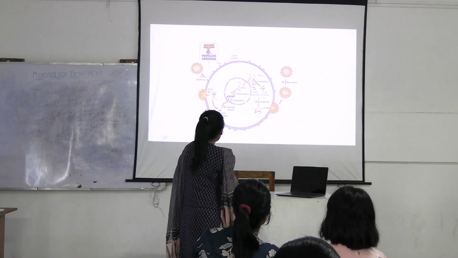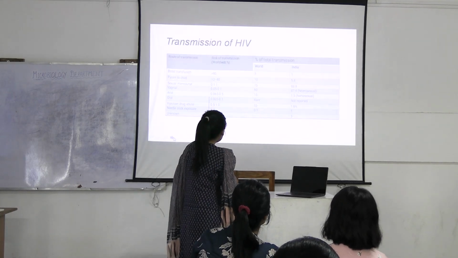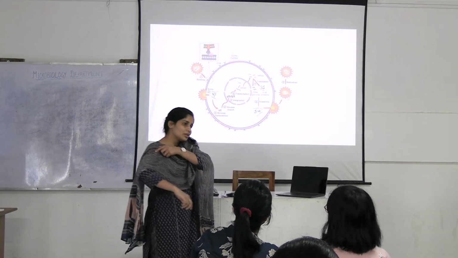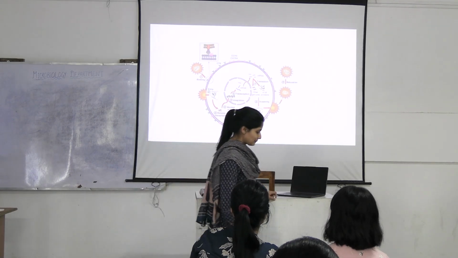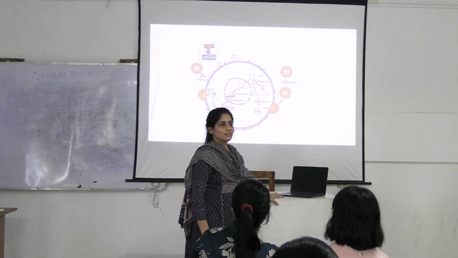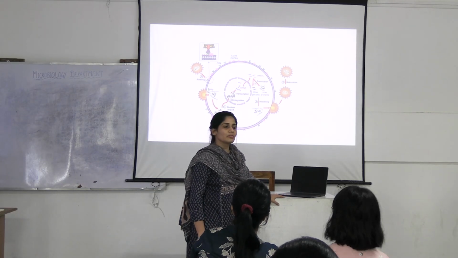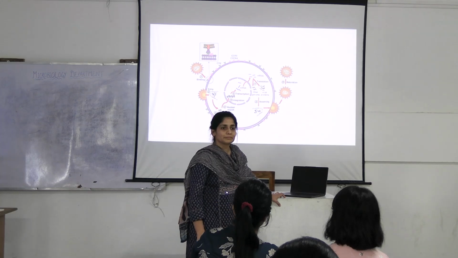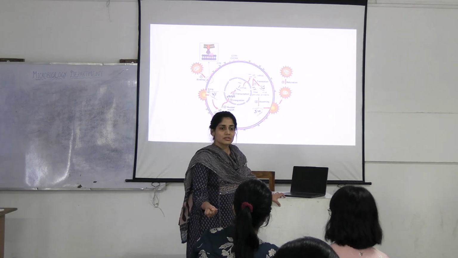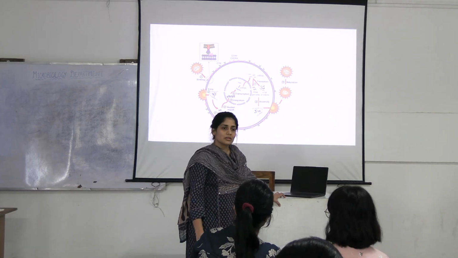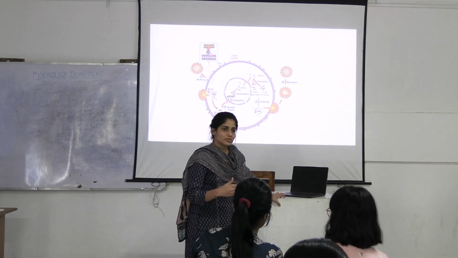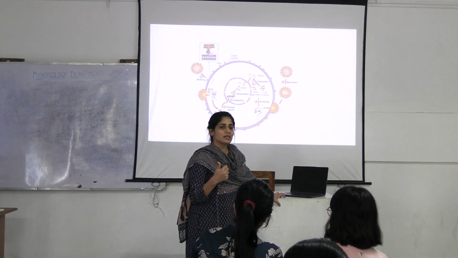What were we discussing? We were discussing pathogenesis. So when a person is infected with the HIV virus, what are the ways the HIV virus gets into the blood system? We just discussed. So all those ways, when it gets into the system, first thing will occur, what is that?